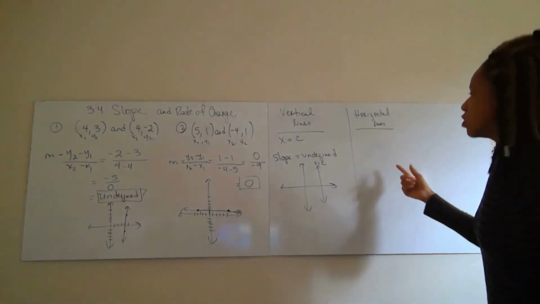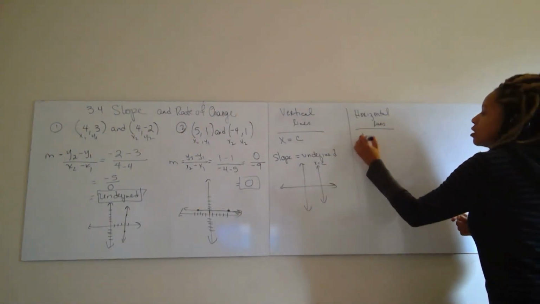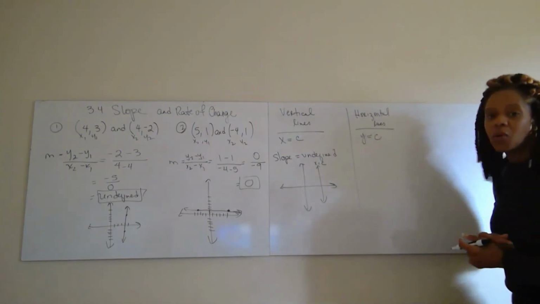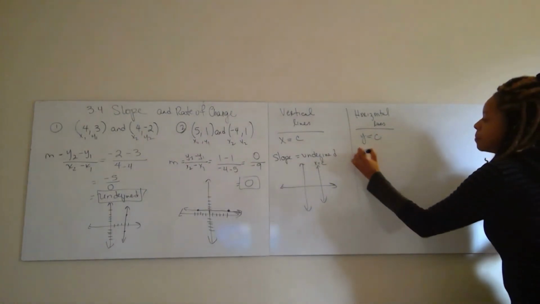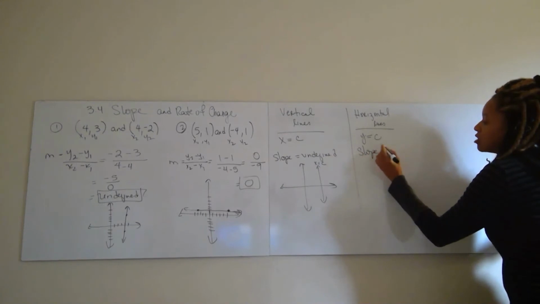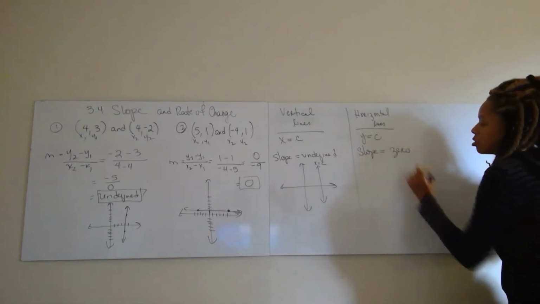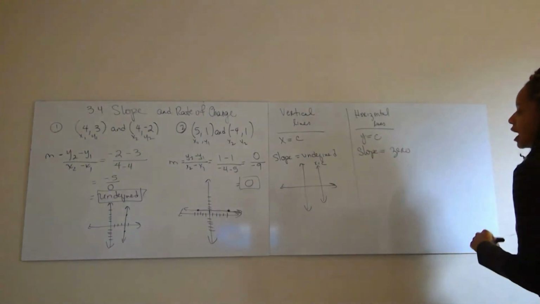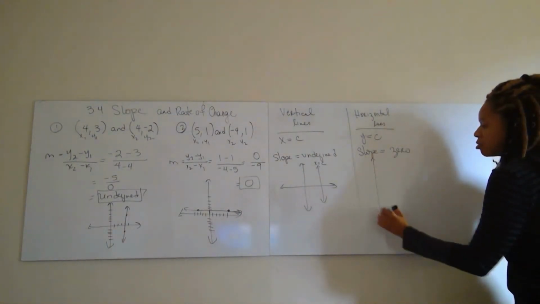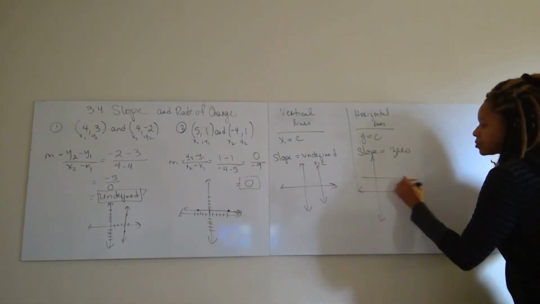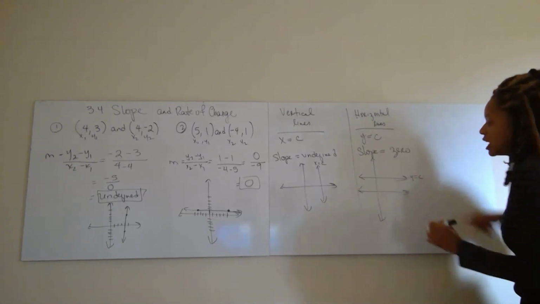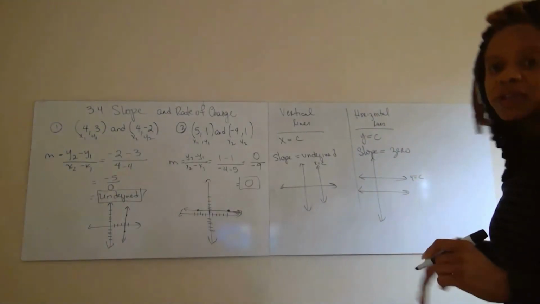All right. So then horizontal lines mean the y is equal to a constant, and the slope of a horizontal line is always 0. So y equals c here. The line is always horizontal.